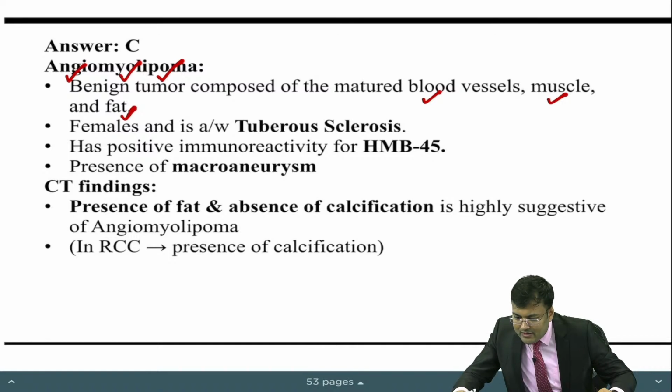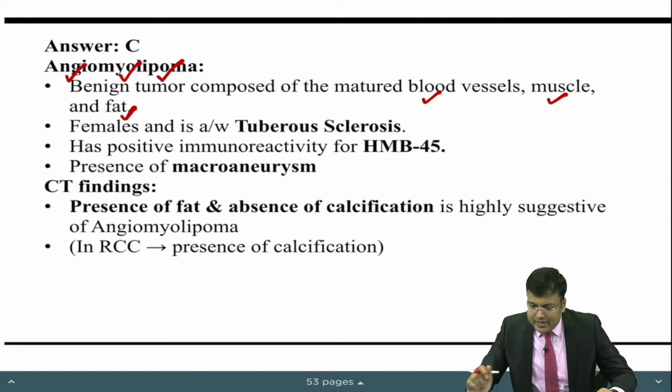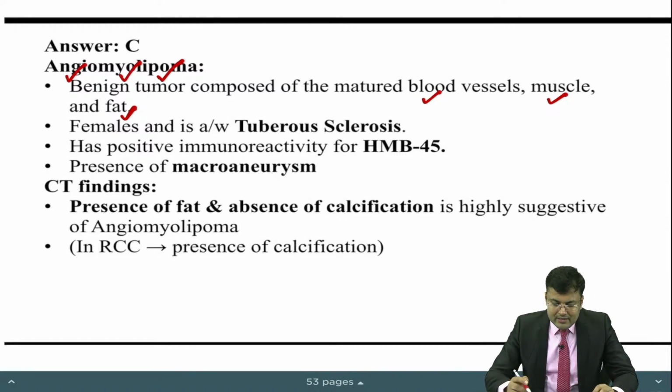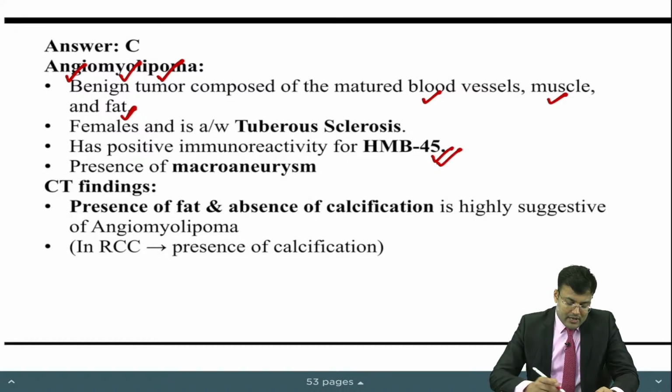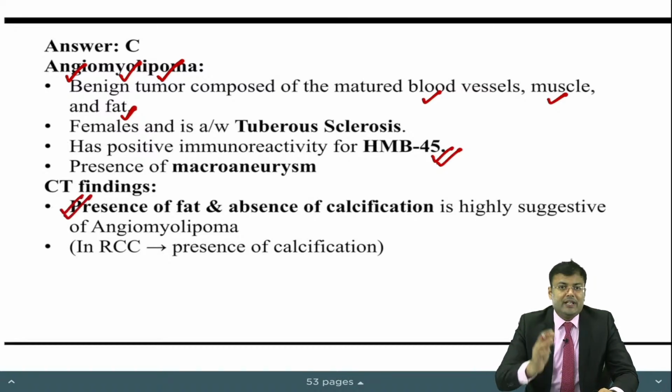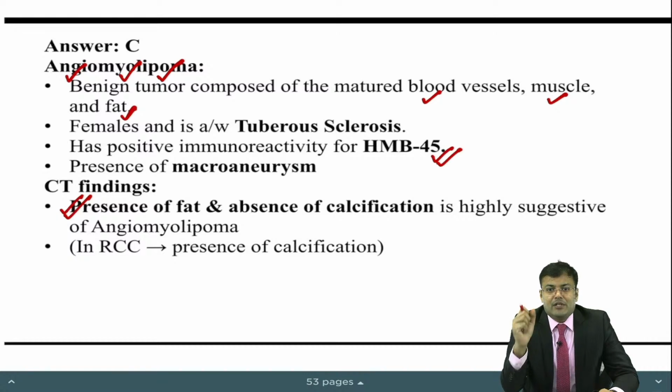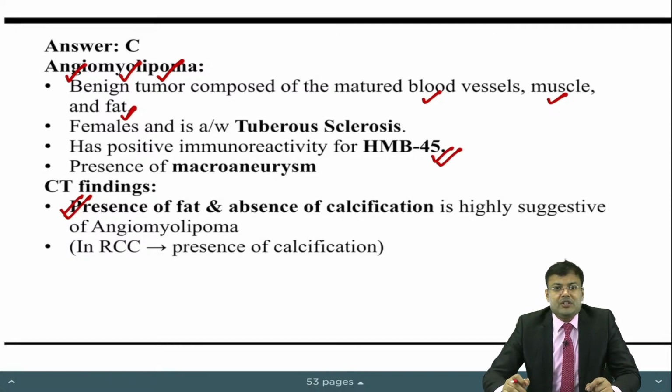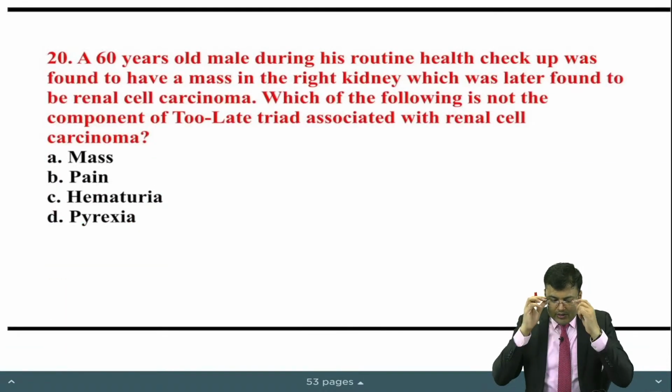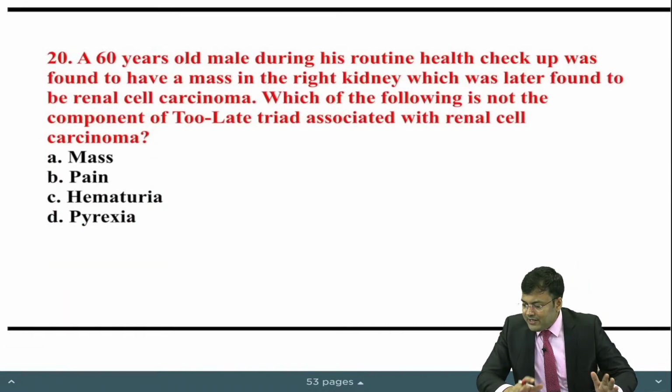And we discussed that on immunohistochemistry, there is HMB45 which is positive, there is presence of macroaneurysm, and what is the characteristic feature? There is presence of fat and absence of calcification, which is going to differentiate it from RCC. Right?